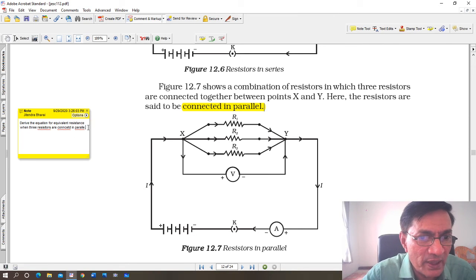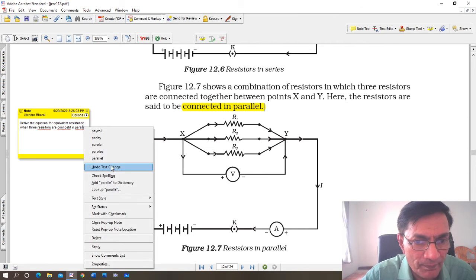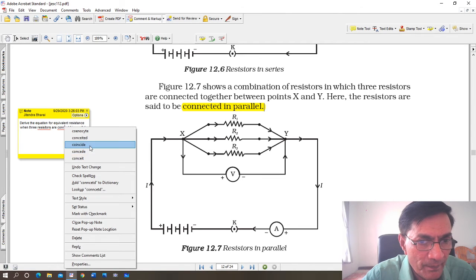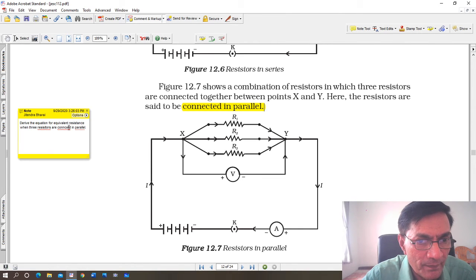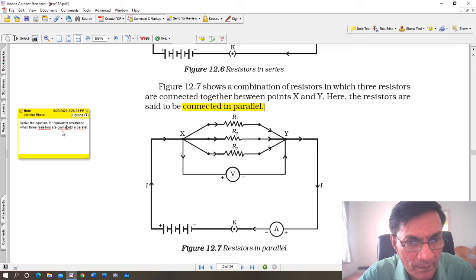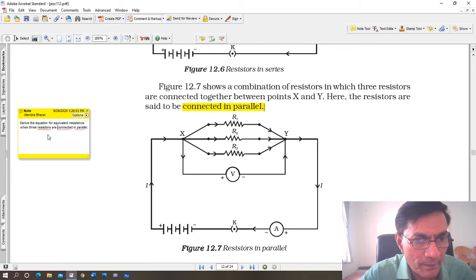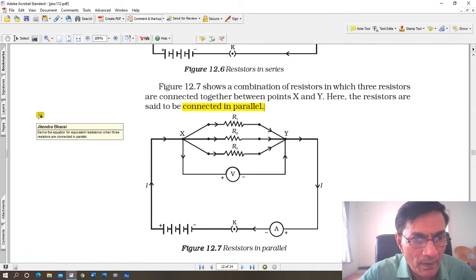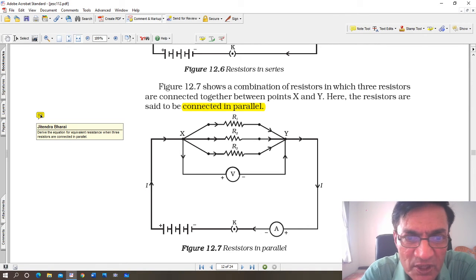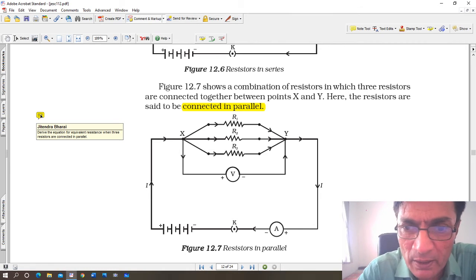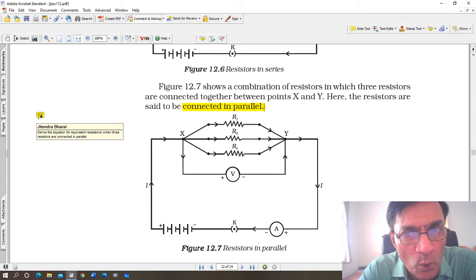Okay, when three resistors are connected in parallel. Alright, derive the equation for equivalent resistance when three resistors are connected in parallel. Now you can see the difference.